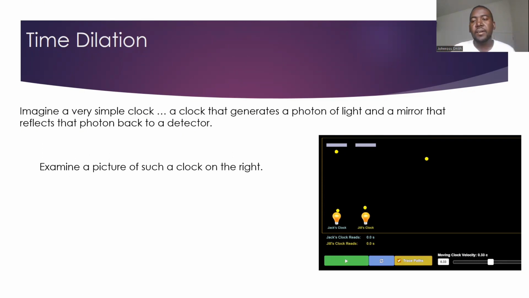Now, the second observation is when there's relative motion, and that's what we will see when it goes towards the mirror and then reflects away from the mirror.